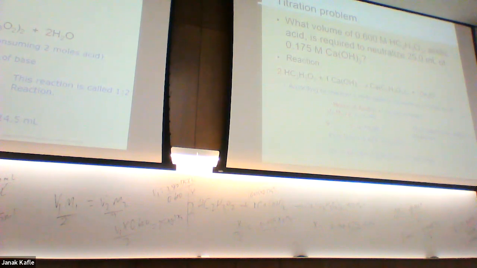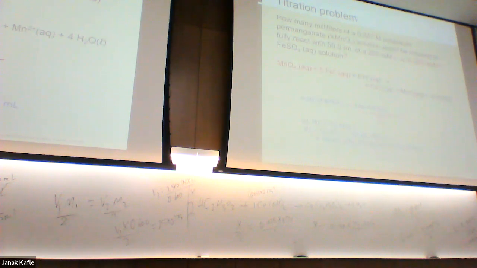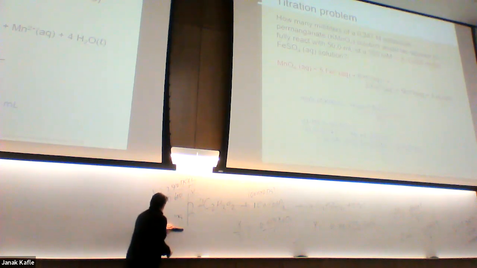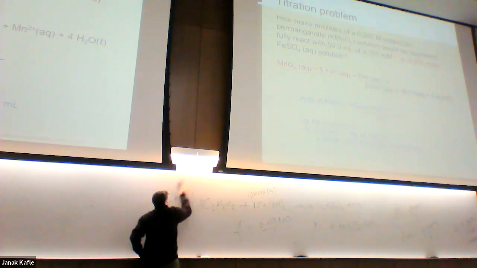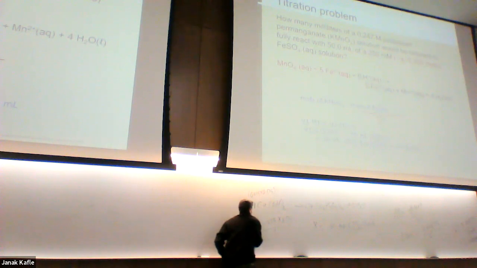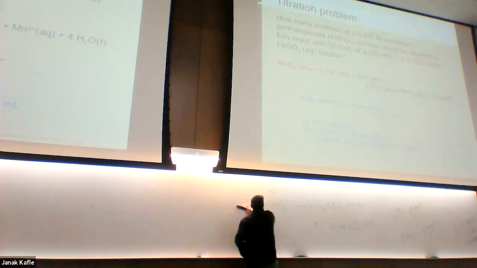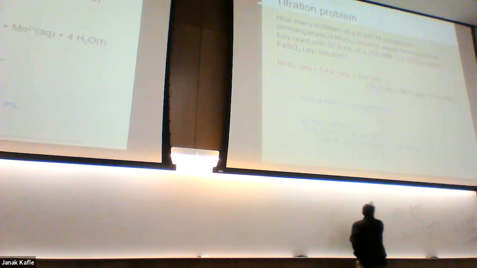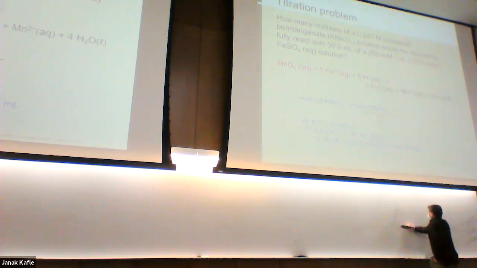And let's look at another problem here. You can do either this way or that way, but I find this easy. V1 M1 is equal to V2 M2. That is much easier during titration.